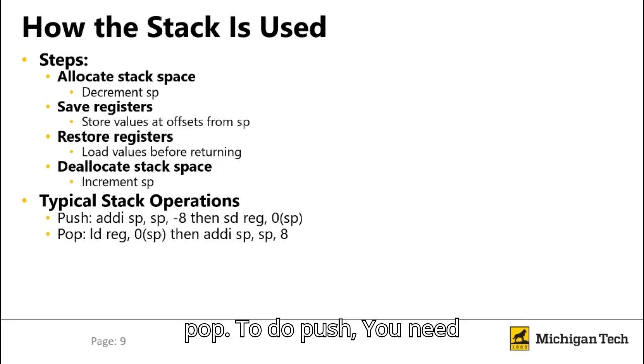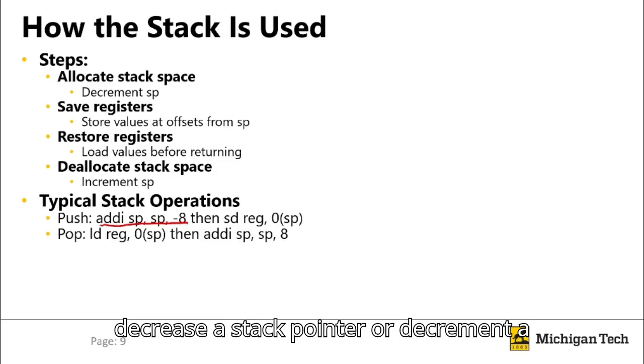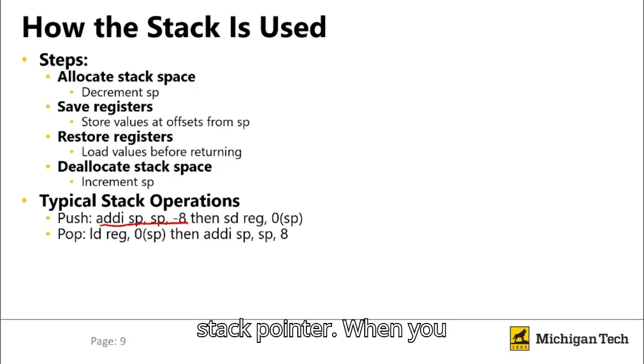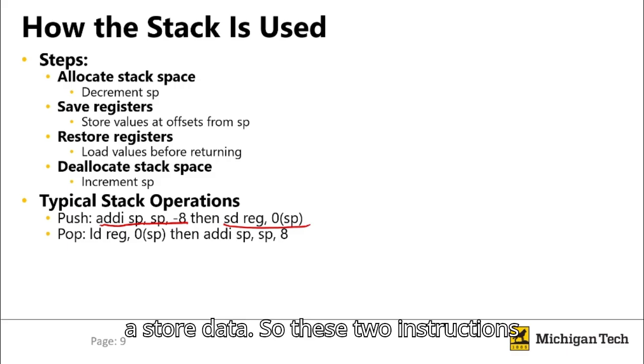To do push, you need two instructions. First, you need to add to the stack pointer, actually decrement the stack pointer. When you do -8, it's like decrementing the stack pointer by 8, and then do store data.